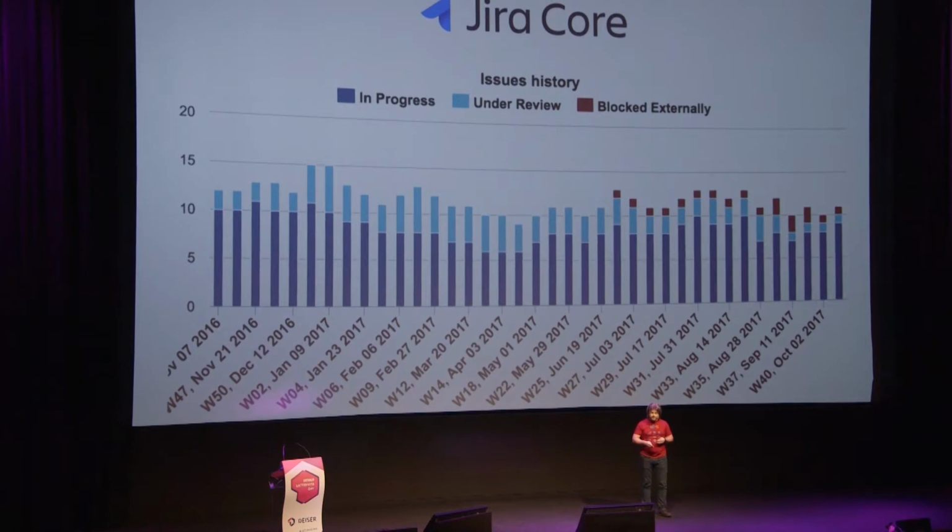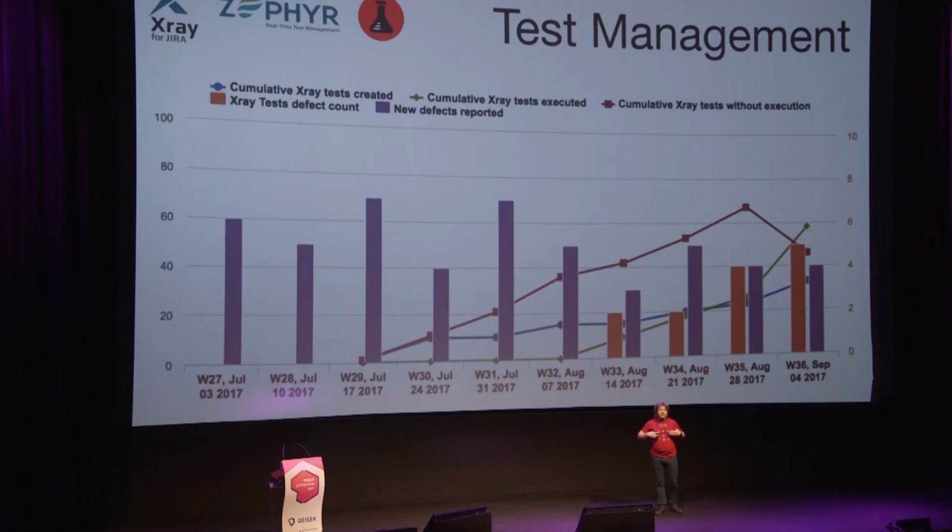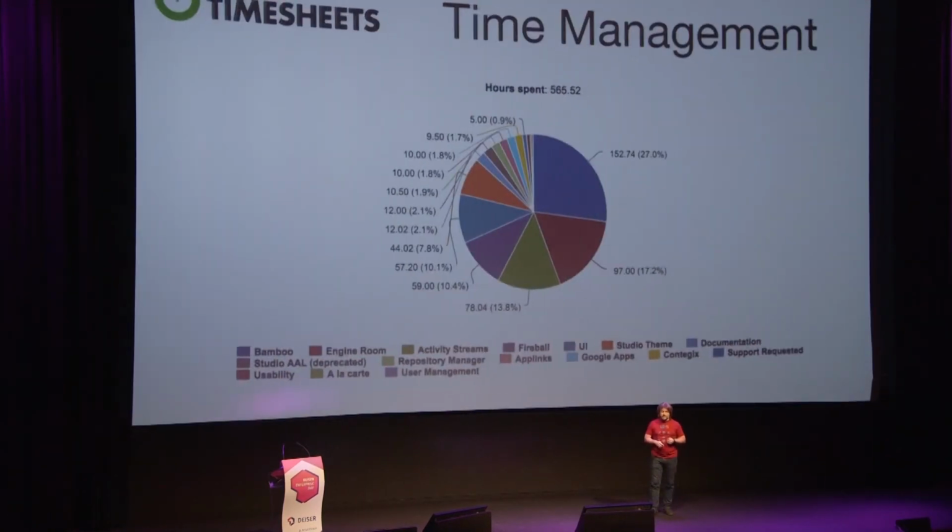Then during the last years, we have been focusing on integrating with other apps in Atlassian Marketplace. And now we are having integration with several top test management apps for Jira, which are X-Ray, Zephyr, and Adaptavist Test Management. And with eazyBI, you can analyze how many tests were created, how many were executed, not executed, how many bugs were created as a result of these tests, what is the test coverage, and compare it with your other Jira performance indicators.